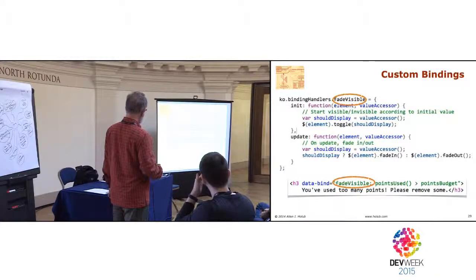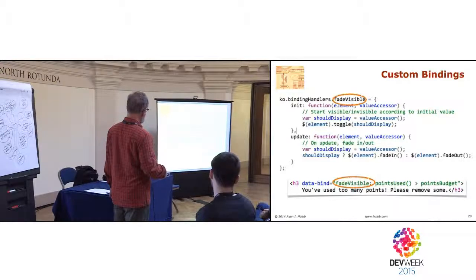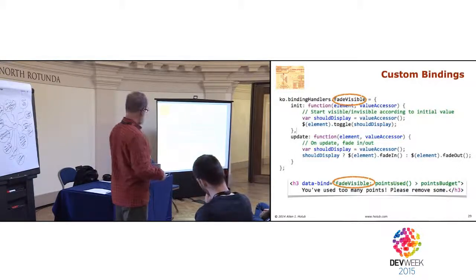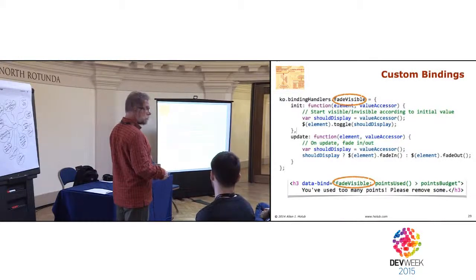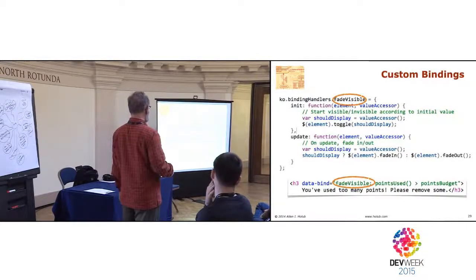So in the H3 element, I'm saying I want to data bind using my custom fade visible binding, which is going to effectively be passed the result of evaluating that. Everyone understanding what I'm trying to accomplish? This function then gets executed as the binding would trigger.